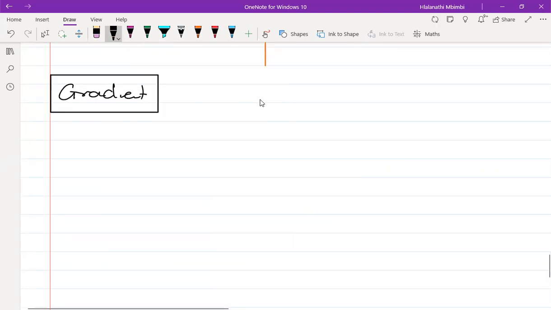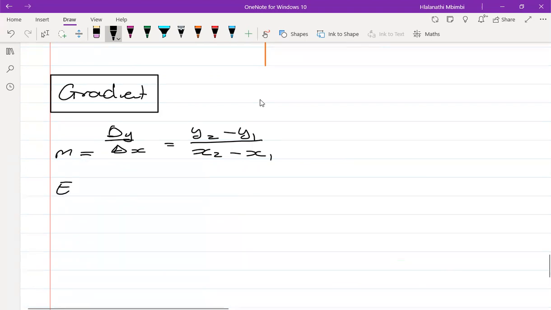But anyway, gradient is given or symbolized by m, and it's given as the change in y over the change in x, which is given by y2 minus y1 divided by x2 minus x1. Now, we need to be able to know how to calculate the gradient. And as I've said, gradient is the slope.